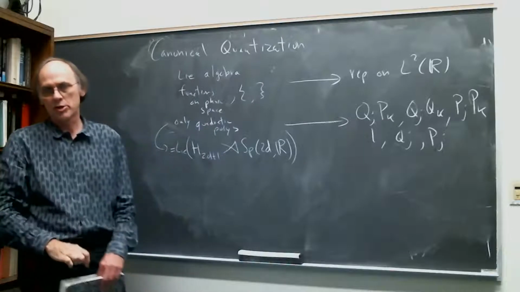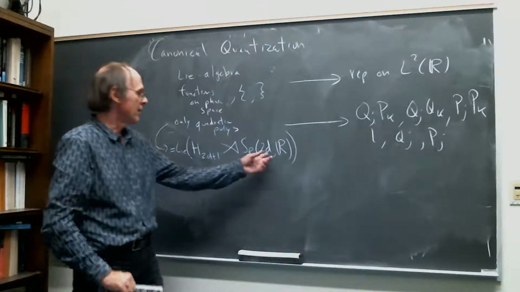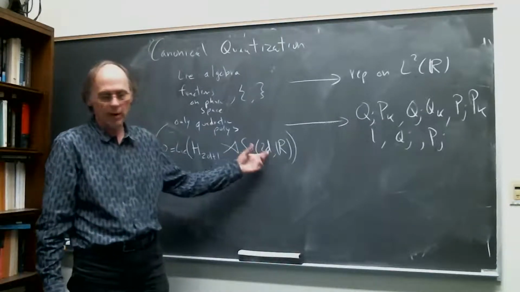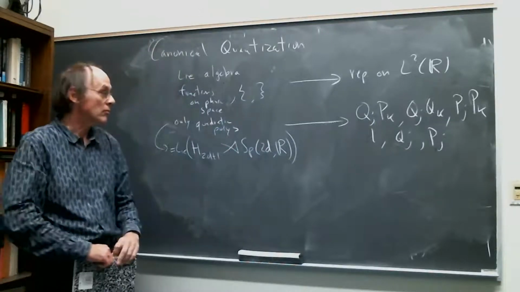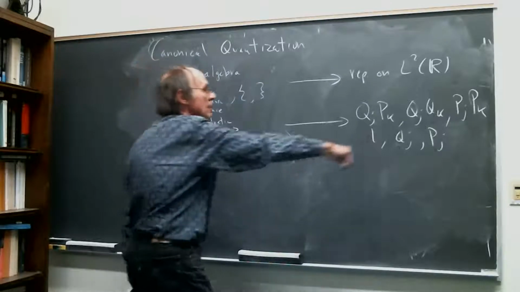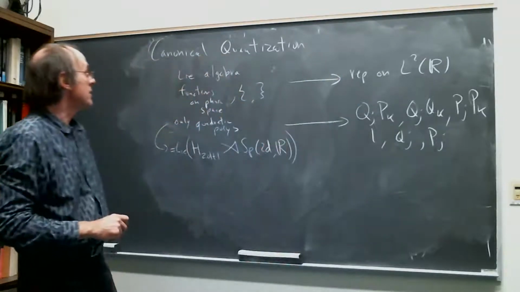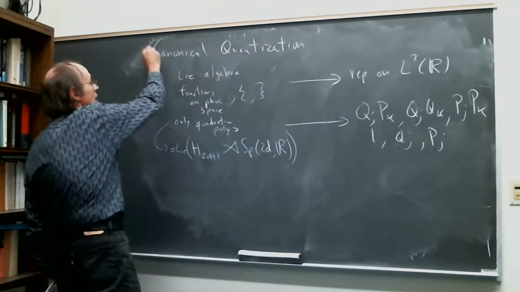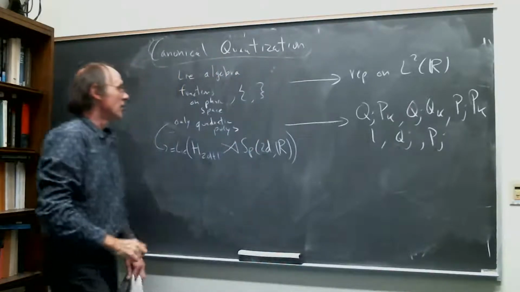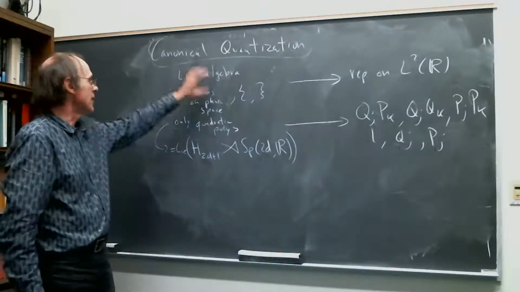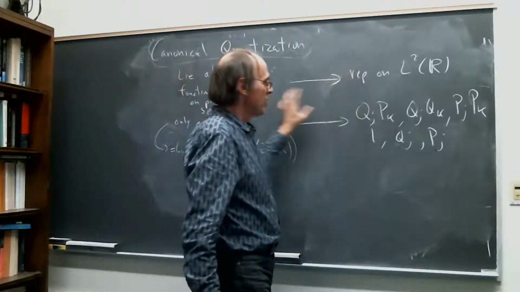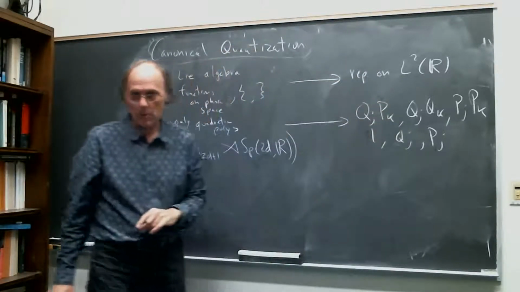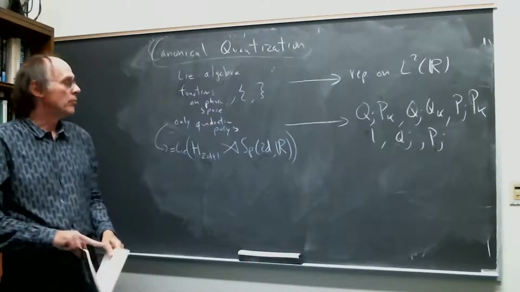It's in no way the most general thing, and the theory of representations of this group is a much more complicated story, which I'm not telling you about. But there's this package which comes under the name of canonical quantization, which normally is told by saying that you've got functions on phase space and you turn them into operators this way.